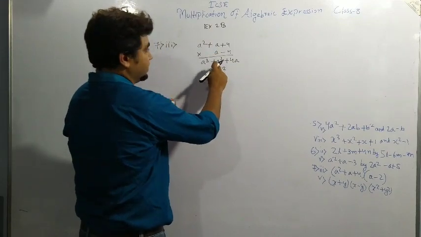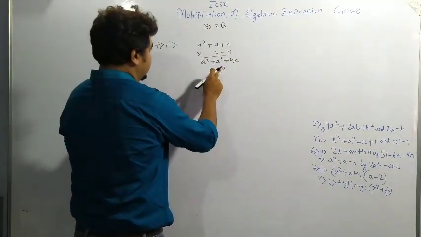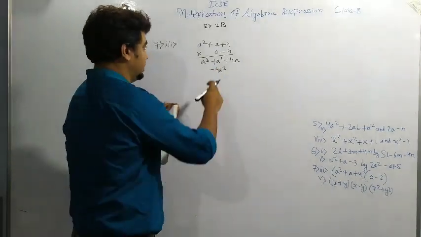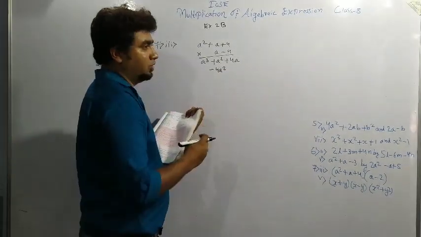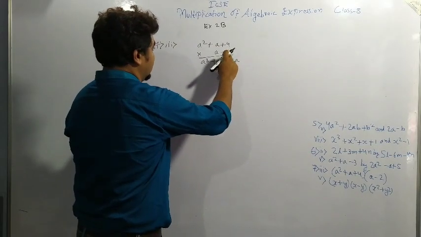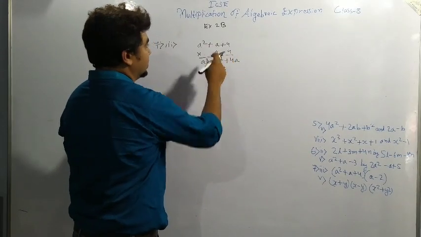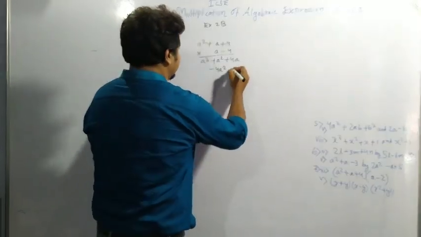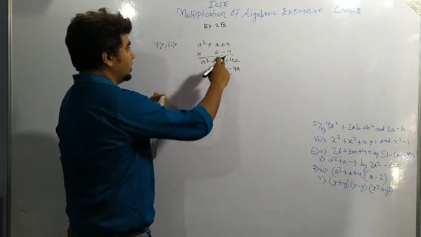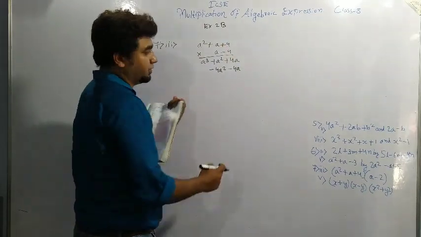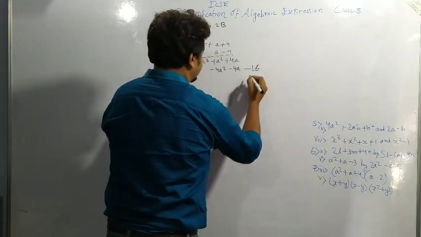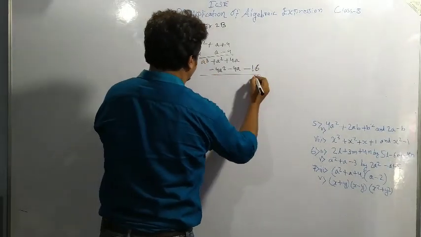I am writing just below the a square term, because the like terms will be written accordingly in the same column. So a into a, I am again moving to minus 4 into a is minus 4a. Another term which is left is minus 4 into 4 plus 4 will become minus 16.